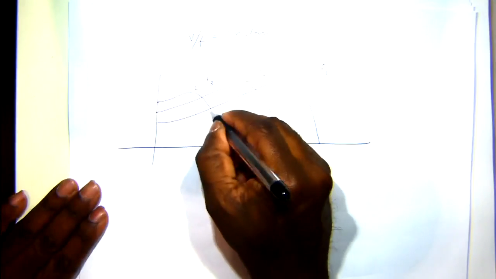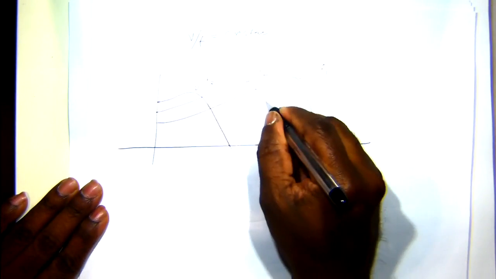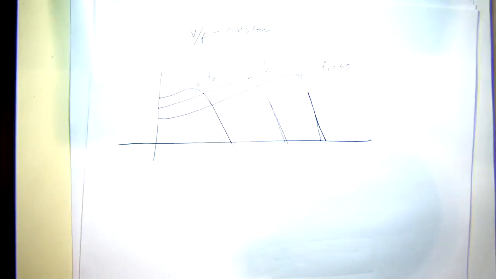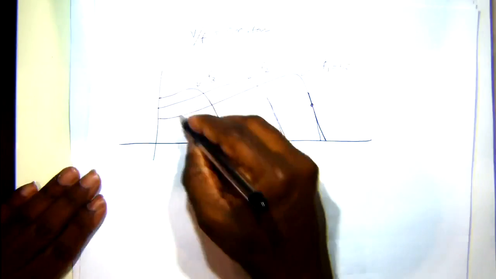You saw that in the profile, the lines around here are fairly parallel to each other. So let's say this is 50 hertz normal operation, you're operating at this particular operating point and it's producing a certain torque.